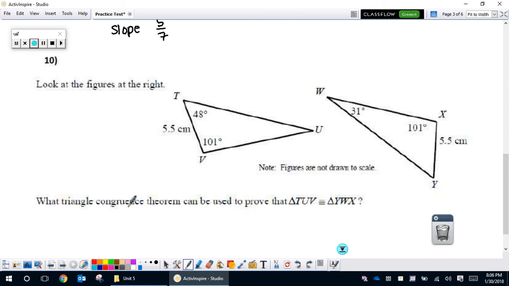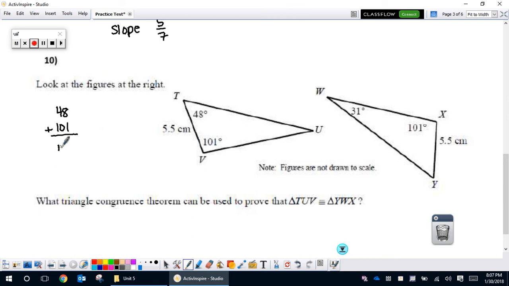Okay? What triangle congruence theorem can be used to prove that triangle TUV is congruent to triangle YWX? Okay. So, first, you definitely want to make sure all your angles match up so we can even say they're congruent. So I'm going to just find angle U real quick. 48.